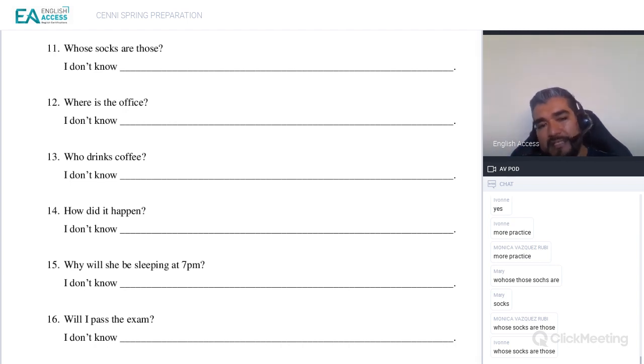Whose socks are those? Is the same way. You need to make it affirmative. When you make the verb to be in a question, the verb to be switches places.